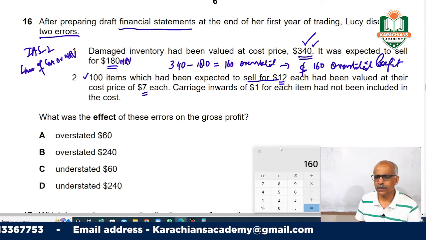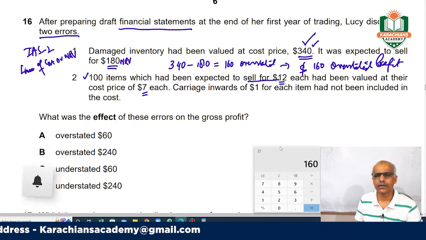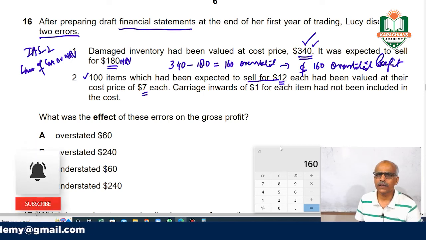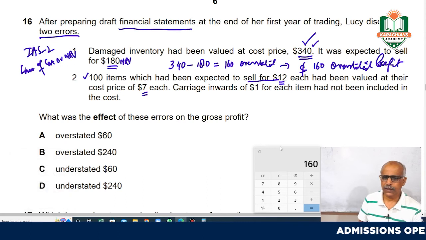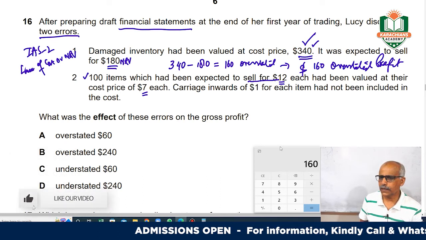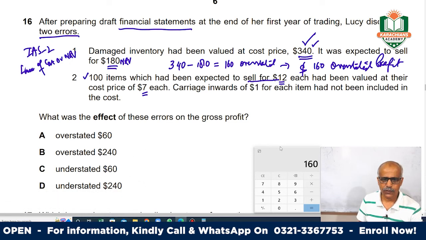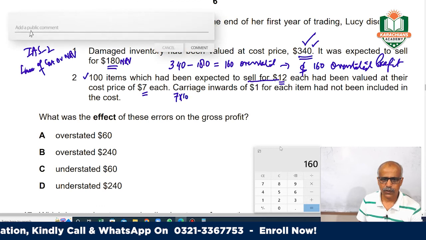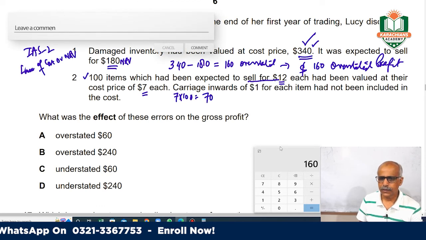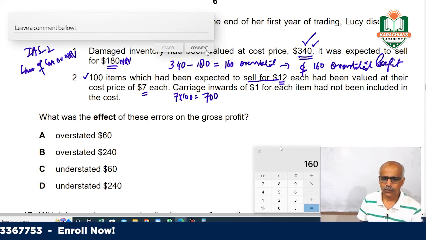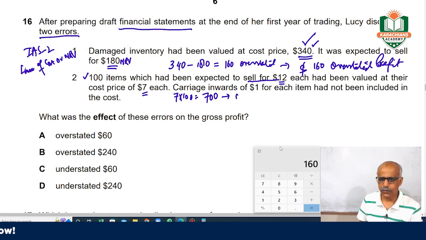We do not value inventory on the sale price, it is on the cost price or NRV, whichever is lower. So the cost price was 7. Carriage inward for each item had not been included in the cost. So here the cost was 7 into 100, 700. So you included this in the closing inventory, right?